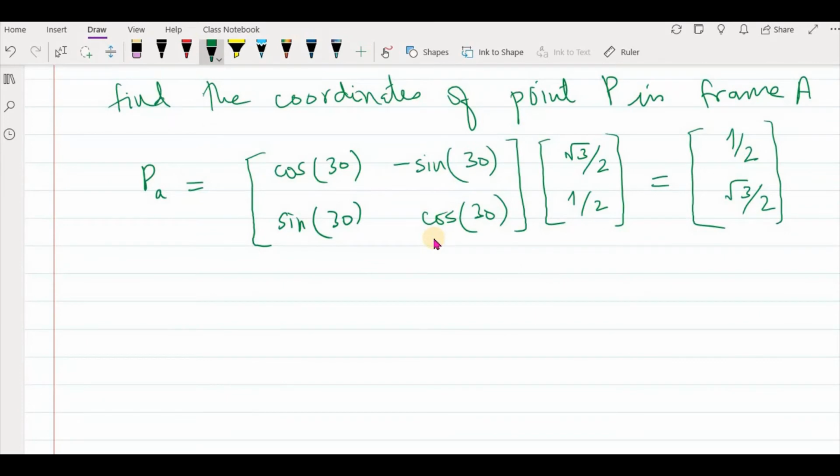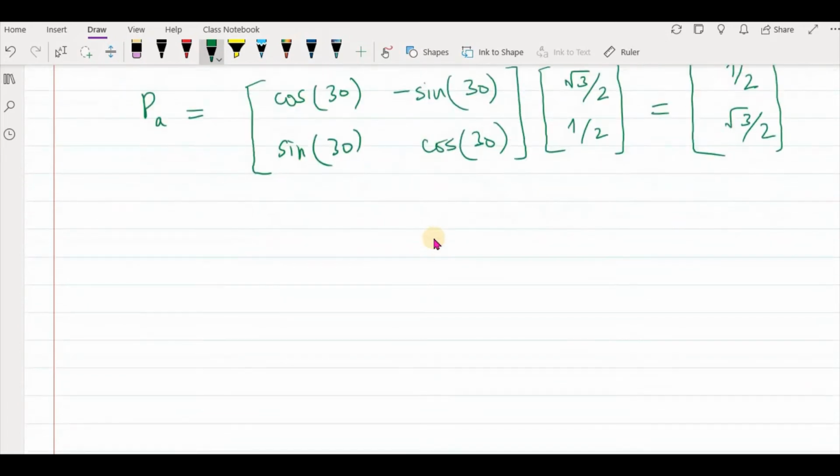Now let us consider that the frame is again rotated by an angle of 30 degrees. How can we calculate the new coordinates?